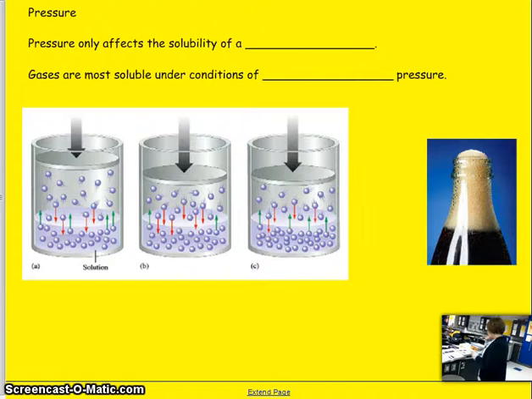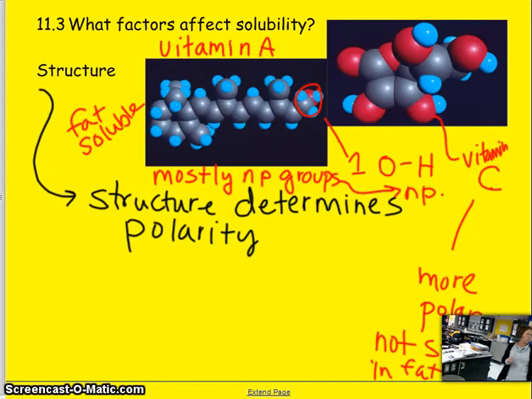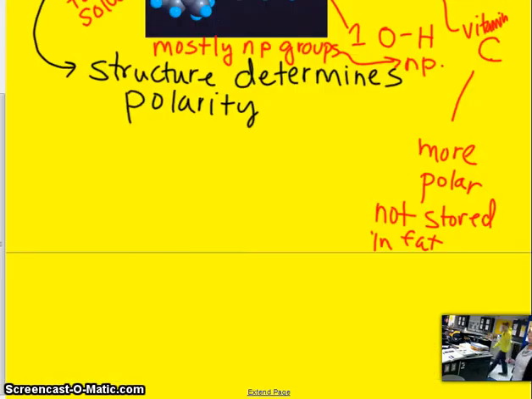Another thing that affects solubility is pressure, but I think there's a couple things we're missing in our notes before we get on to pressure. It says one important factor in water solubility is the ratio of polar to nonpolar groups.